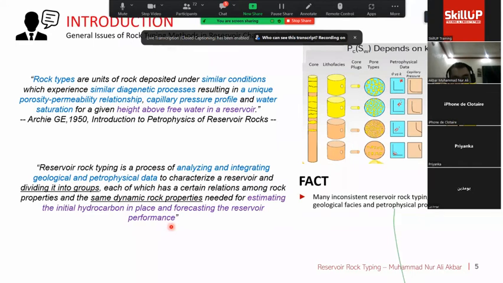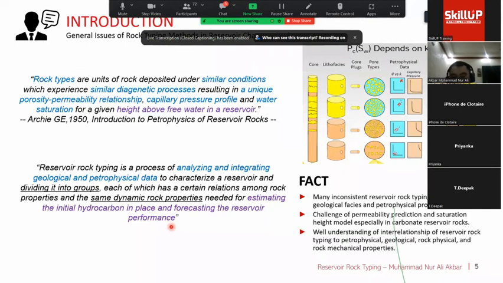In fact, many inconsistent rock typings in connection to the geological facies and petrophysical properties appear. So the challenge is how to predict permeability and the saturation height model, especially in carbonate reservoir rocks. It's quite challenging.